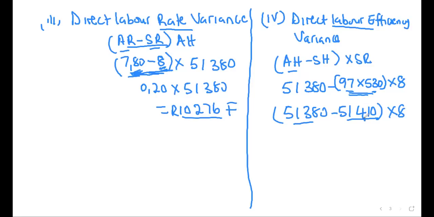It's this one, so it's favorable. Let's find the difference, then multiply by 8. It's going to be 30 times 8, which is 240.